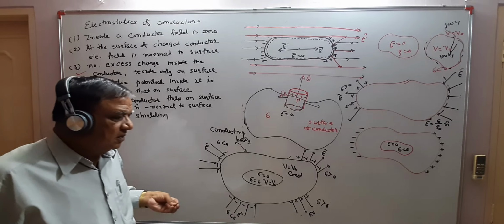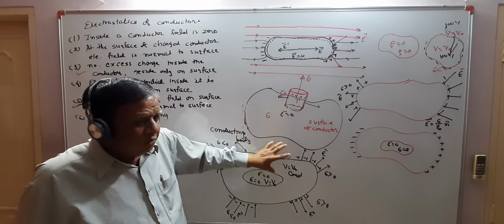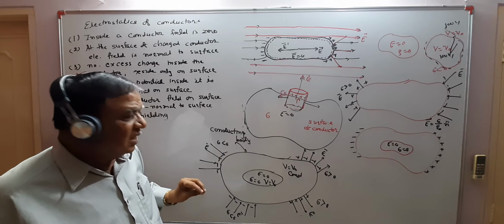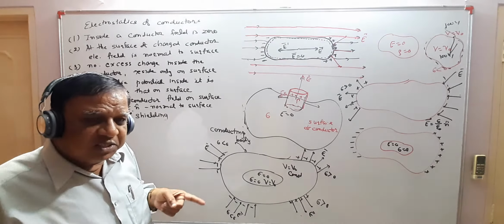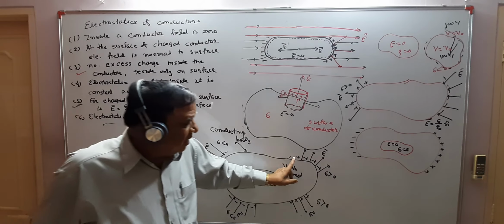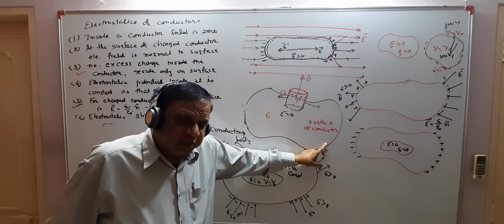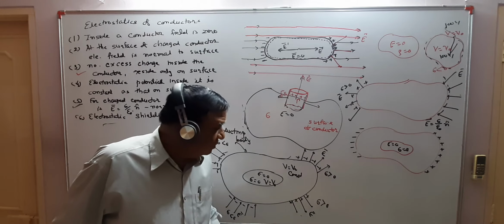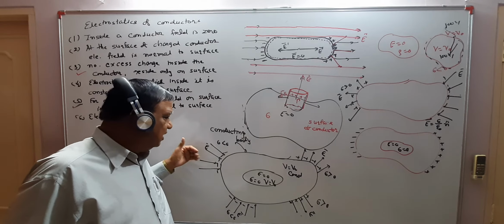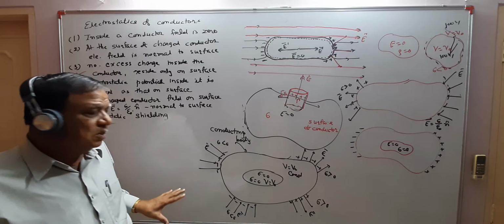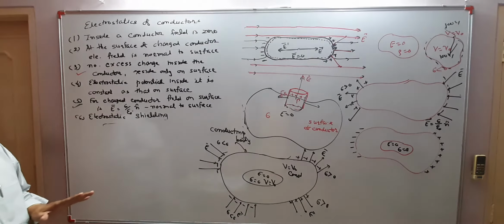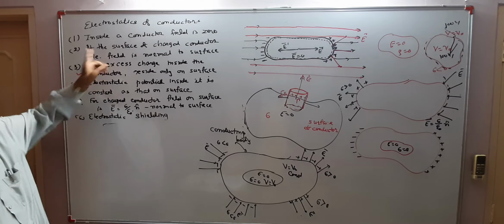Now see, again we have proved the field is always normal to the surface: if positive then outward, if negative then inward, as we discussed in the second point.